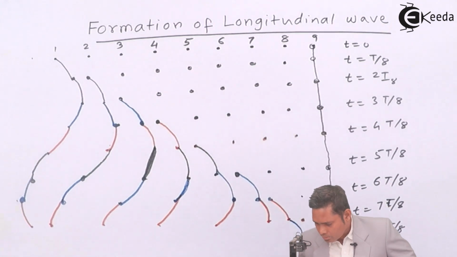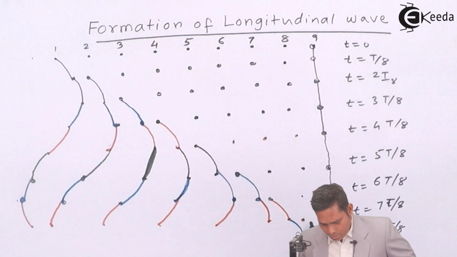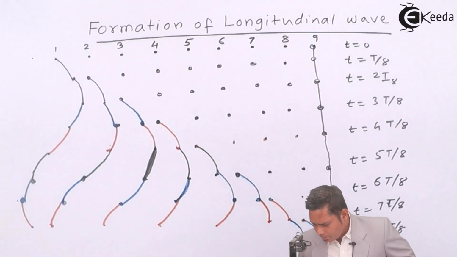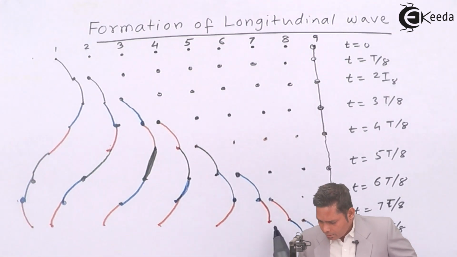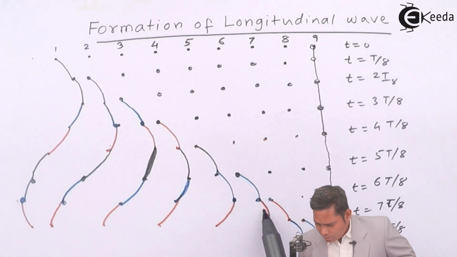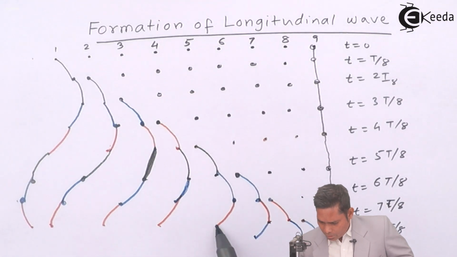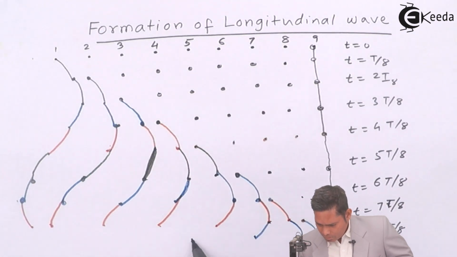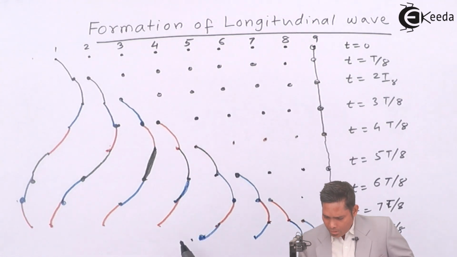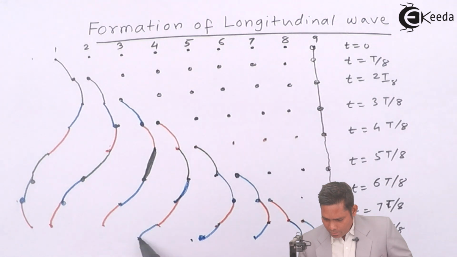Then this goes to the midpoint, and this is at the extreme, it comes to the midpoint. This is at the midpoint, it comes to the mean position. So this is the mean position line, so it comes to the mean position. This fourth particle is at the mean position, it goes to the other side and half of that, so it will come to somewhere here.